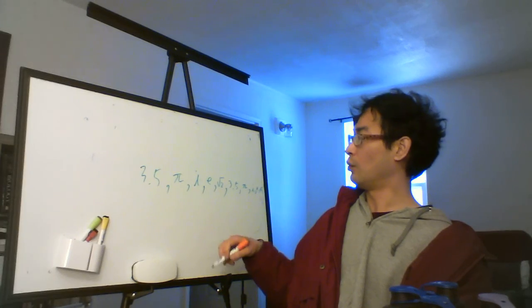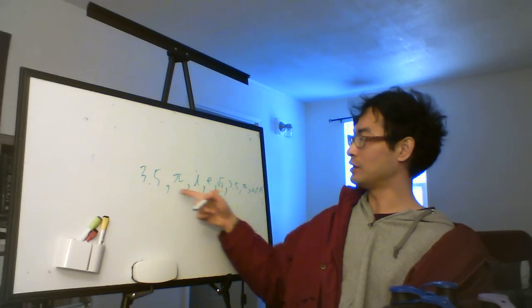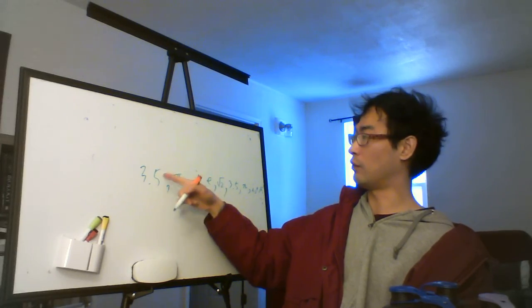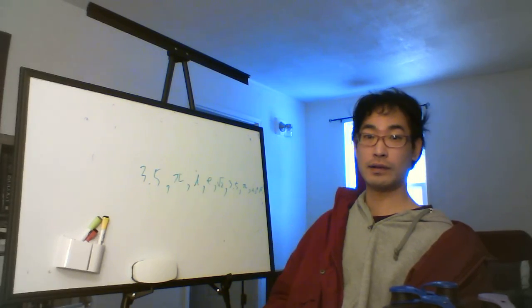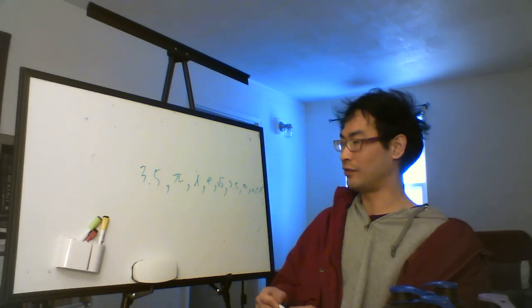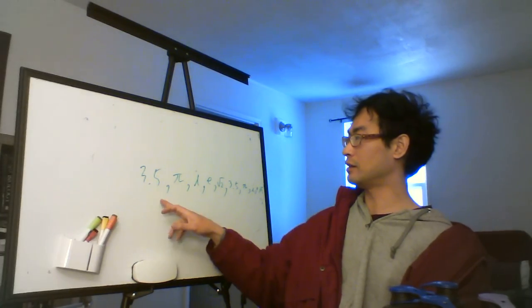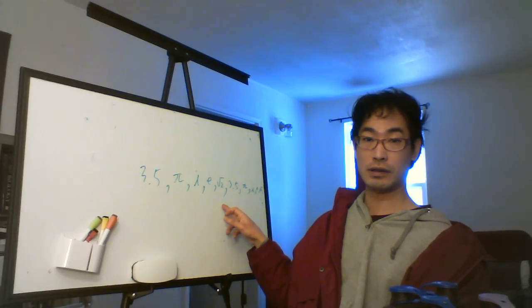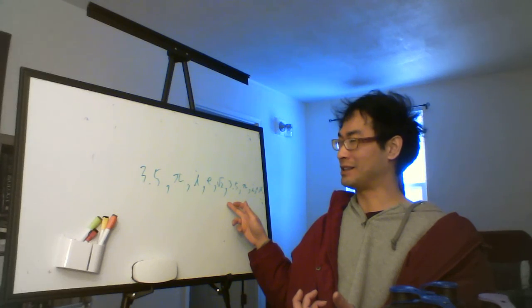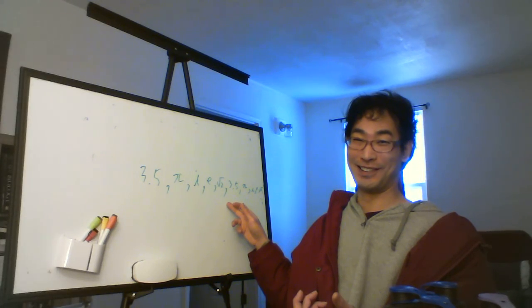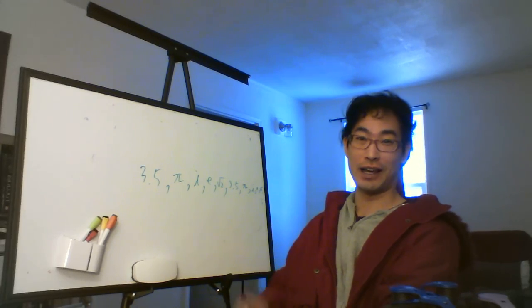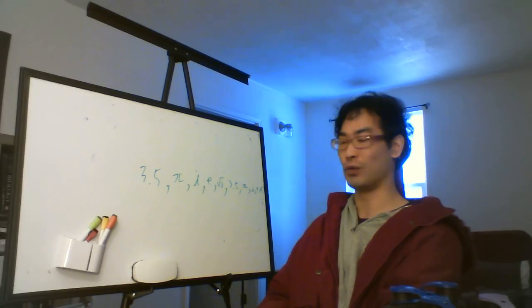Dot, dot, dot. Why? Because any of these numbers to the 0th is 1, and to the first is the number itself. So it doesn't have to be integer. Any periodic sequence of any numbers, maybe except 0. Because 0 to the 0th, what's that? We can define it as 1.